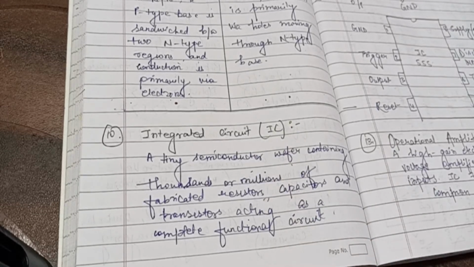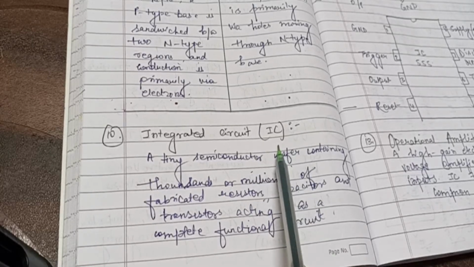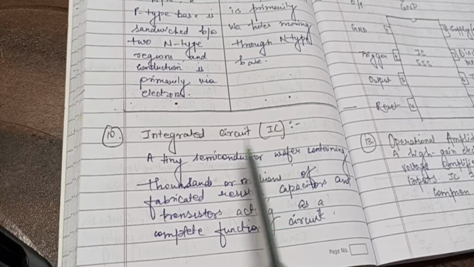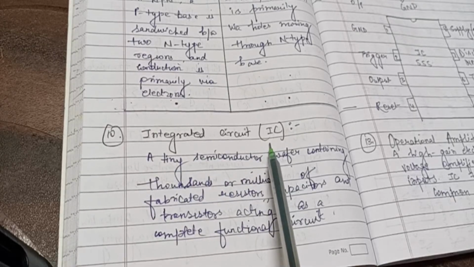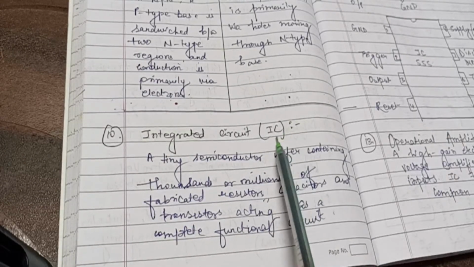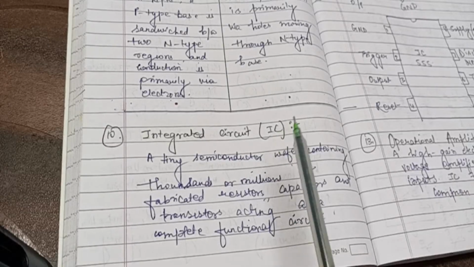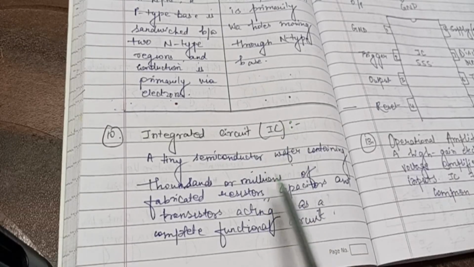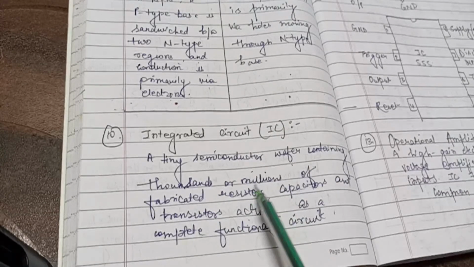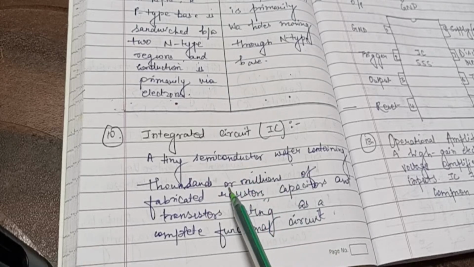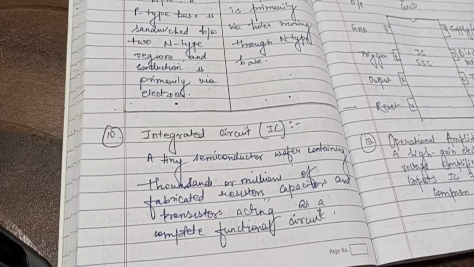All our computers, mobile phones, almost every gadget is made with IC. They all make one chip to complete some functional circuit.